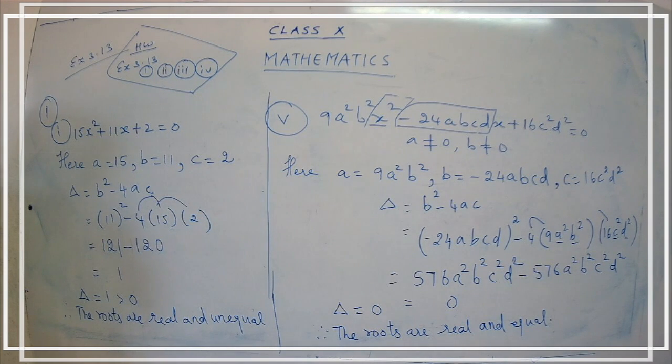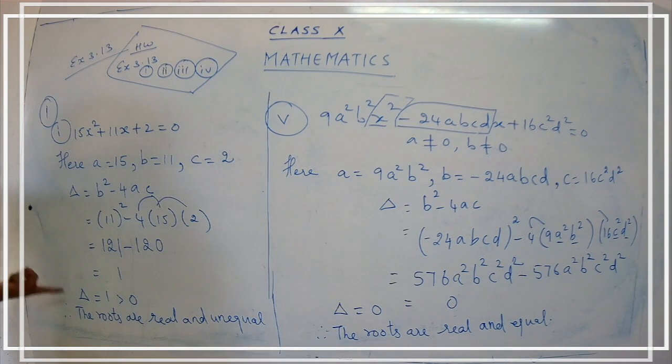So how are you going to determine the nature of the roots? You are going to find out delta. And how are you going to find delta? B square minus 4ac. From where are you going to get the values of B, A and C? From the equation. And what are the three conditions? Delta is greater than 0, delta is less than 0 and delta is equal to 0.